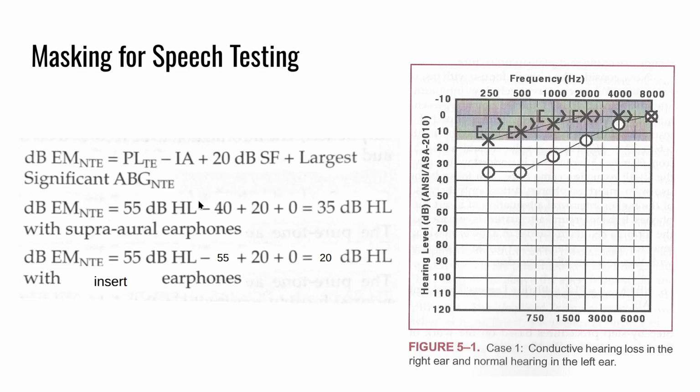And that largest air-bone gap in the non-test ear, let's see what that appears to be. The non-test ear being the left ear, largest air-bone gap. Is that 0 or 5? Let's see.